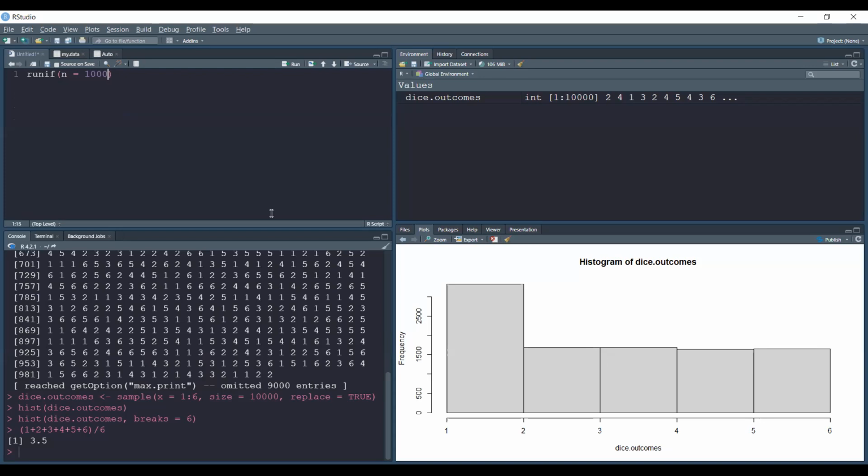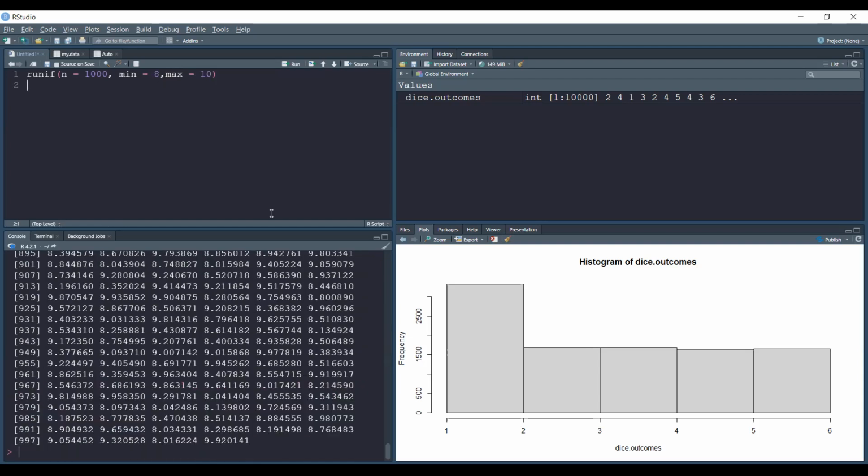Let's generate 1,000 data points from, whatever, right? From 8 to 10. You're going to see very soon what these 8 and 10 are. Okay, that's them. Histogram.